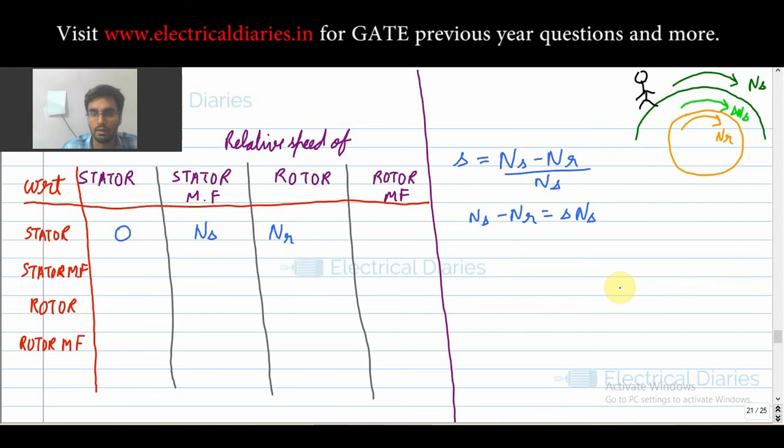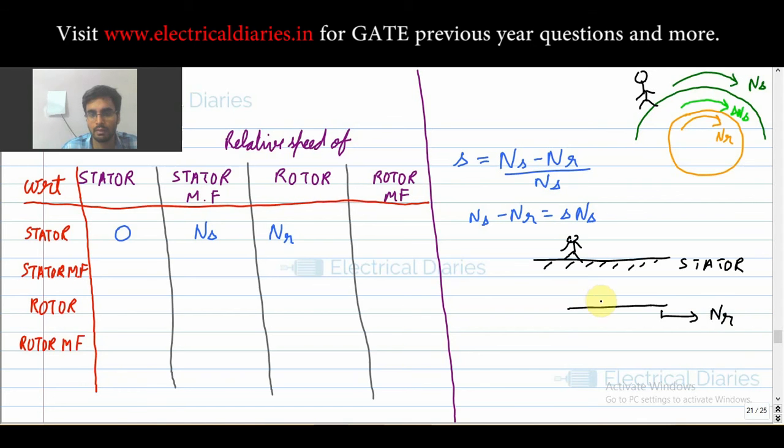See carefully that I am on a stationary platform, that is the stator, and I am standing here. Now this is a platform and this platform is moving with a speed nr.